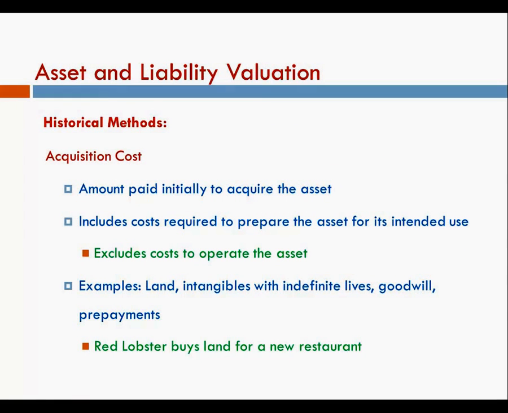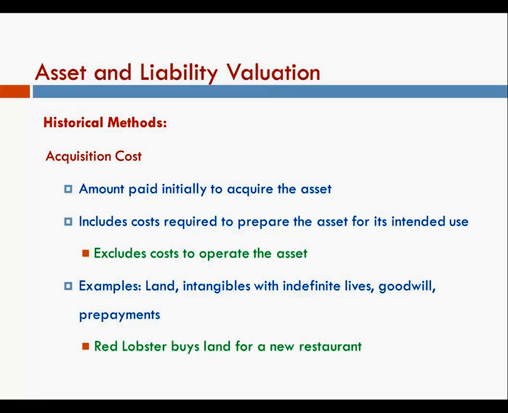Let's go through it. First, historical methods. Generally, this is how assets are valued: the amount initially paid to acquire that asset. That's the acquisition cost. Let's think about it as land.